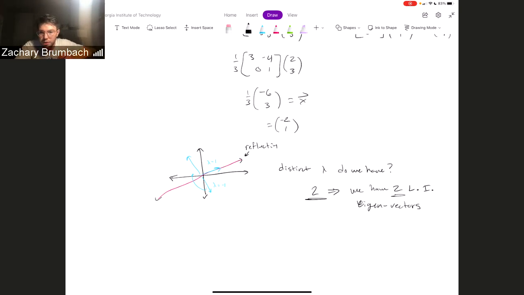All right, and a question in the chat says, suppose A is n by n, and lambda is an eigenvalue. If V and W are 2 different eigenvectors of A corresponding to eigenvalue lambda 1, then V minus W is an eigenvector of A. Can I explain why this statement is true?